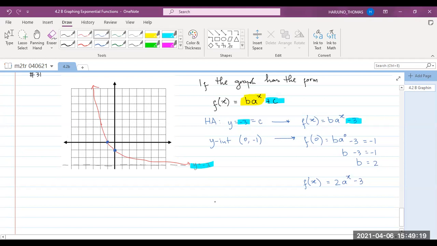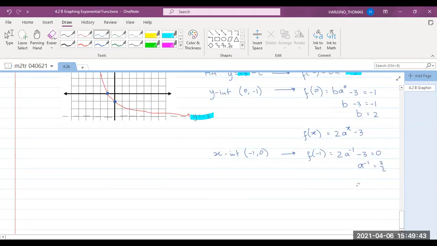Now here comes the x-intercept, (-1, 0), which means when x is -1, the y is 0. So a to the -1 is 3/2.